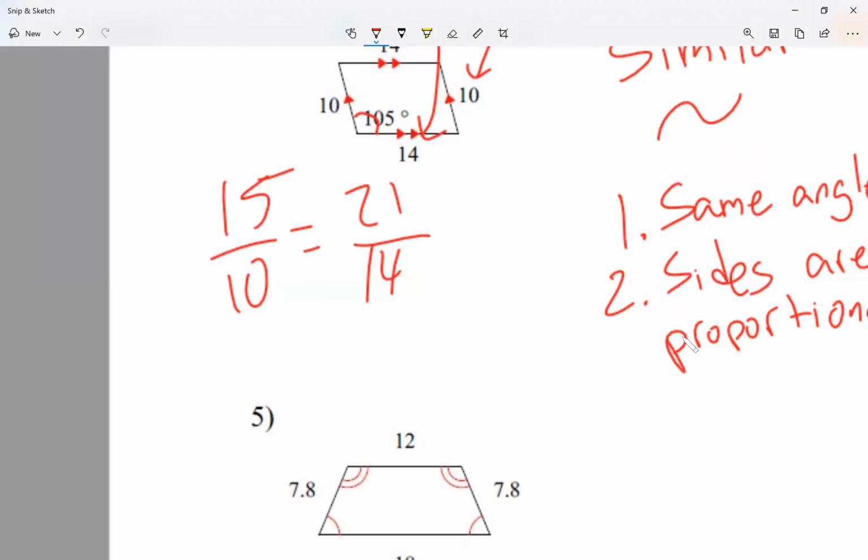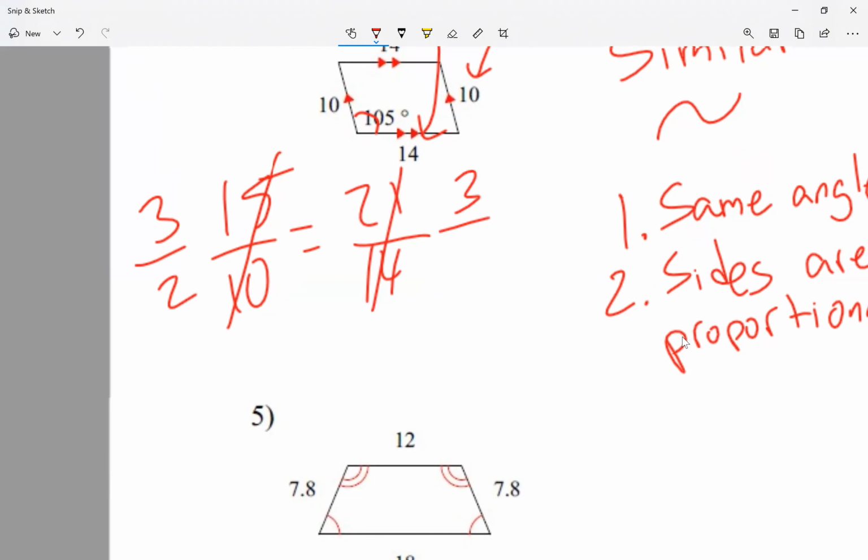Okay, so let's see. 15 over 10, I'm going to say that simplifies to 3 over 2. I divided each of these by 5. 21 over 14, let me divide each by 7. So I'm going to say this simplifies to 3 over 2. Okay, so my fractions did simplify to the same thing. So the angles were the same. The sides are proportional. So I'm going to call this similar.